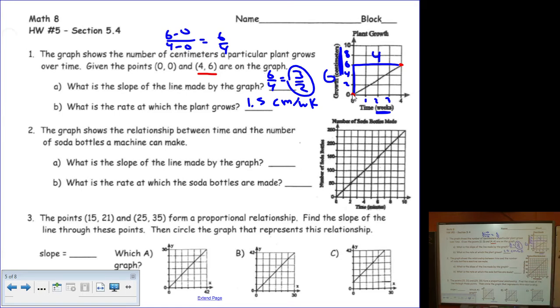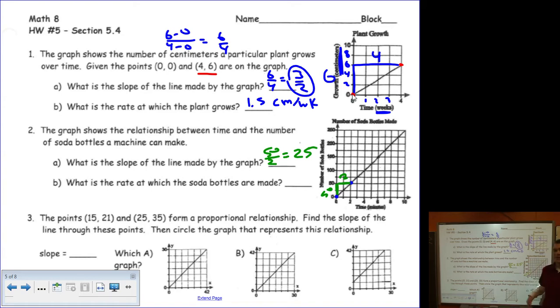Number 2, between the time and the number of soda bottles a machine can make, what's the slope? I would pick a couple of points and do rise over run. The rise is 50 and the run is 2, so the slope is 50 over 2, which equals 25.